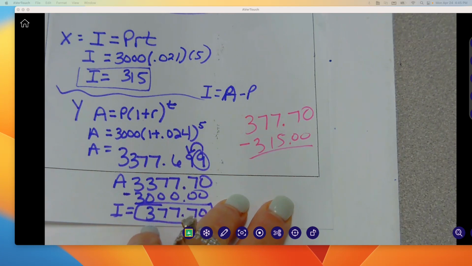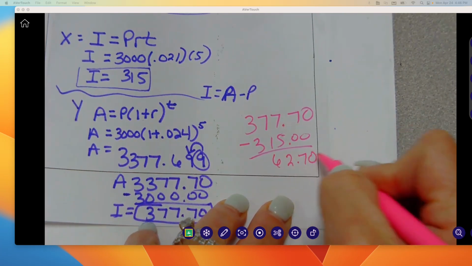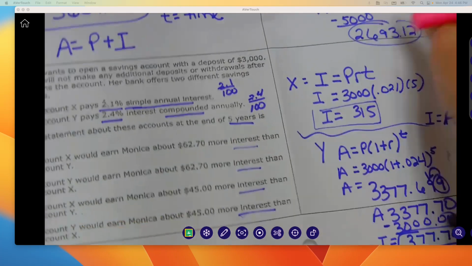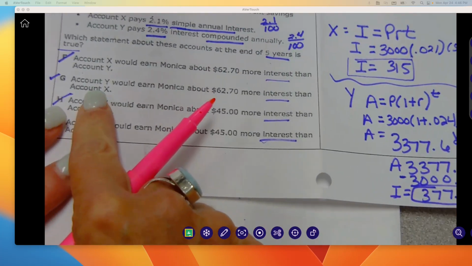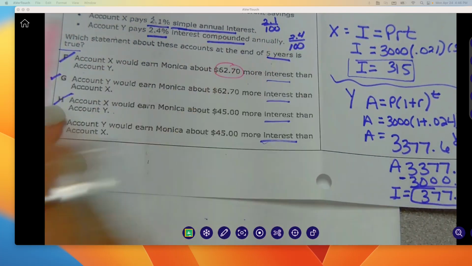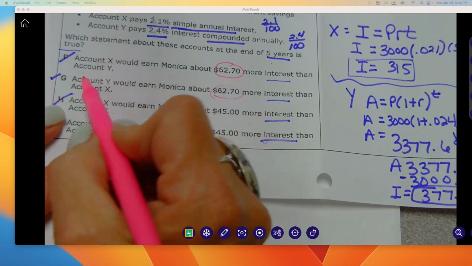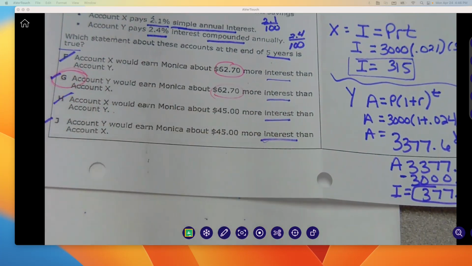So in Desmos, I'm going to put in $377.70, because we're only comparing the interest, minus 315 and we get $62.70. So account Y will earn $62.70 more. So it's going to be letter G.